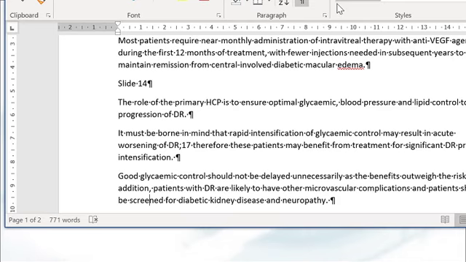But good glycemic control should not unnecessarily be delayed, as the benefits of good glycemic control outweigh the risks completely. In addition, patients with diabetic retinopathy are likely to have other microvascular complications, and should be screened for diabetic kidney disease and diabetic neuropathy as well.